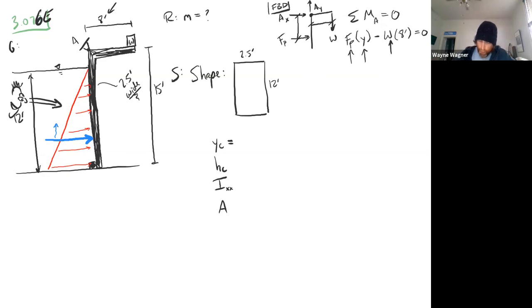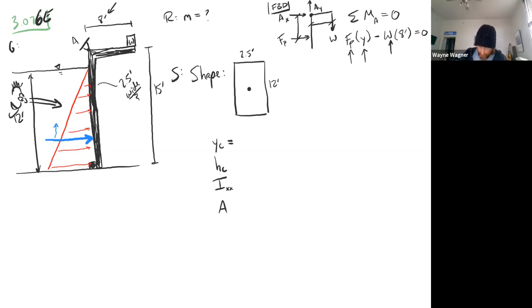For a rectangle, it's nice and easy because it's right in the center. Before we leave today, I'd like to work something like a circle or triangle where it's not so simple. But it's right there in the center of that shape.